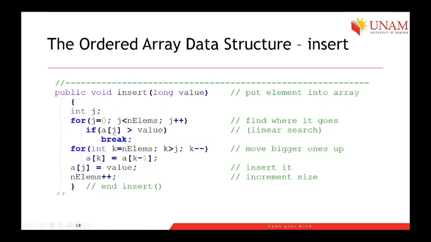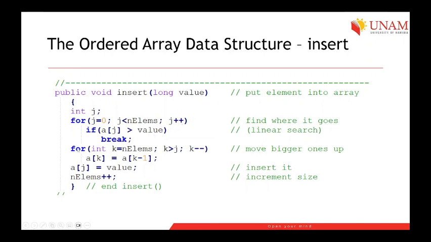If we find a value in the array which is greater than the value that we want to insert, then we must break, because this is the position where we need to insert it. For as long as this condition is not true, we are going to increment j until this condition becomes true.